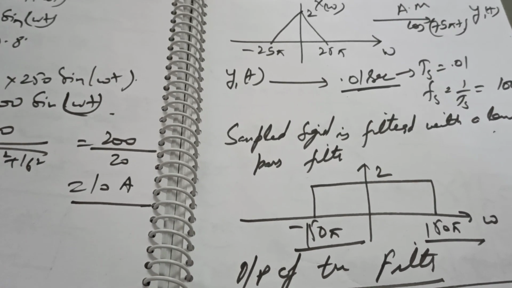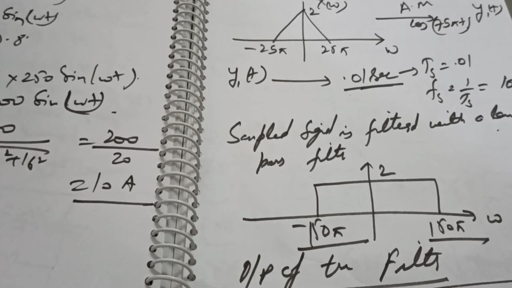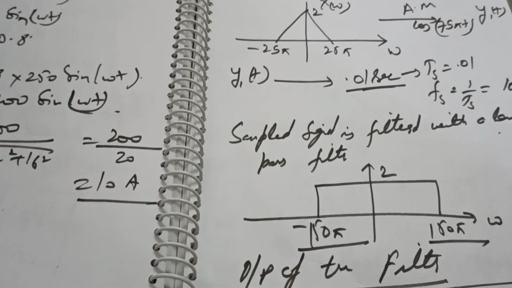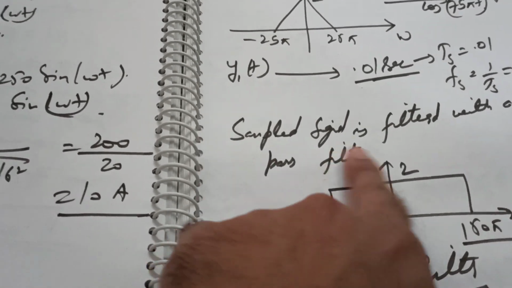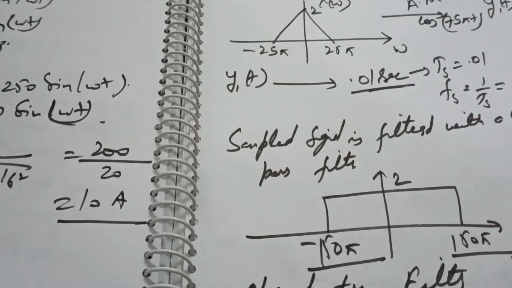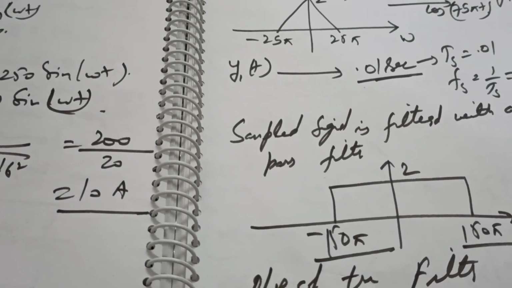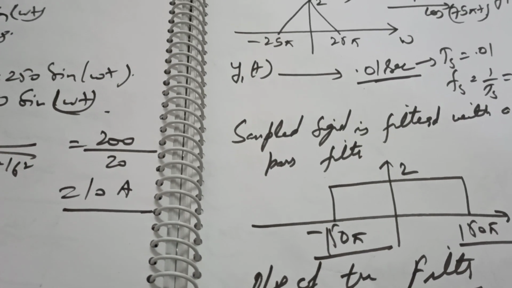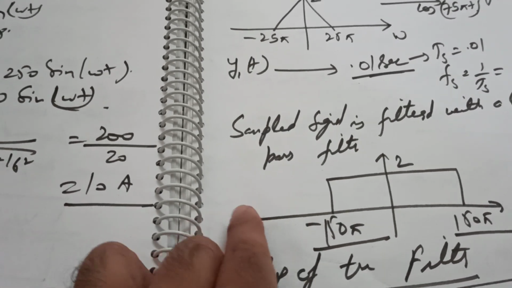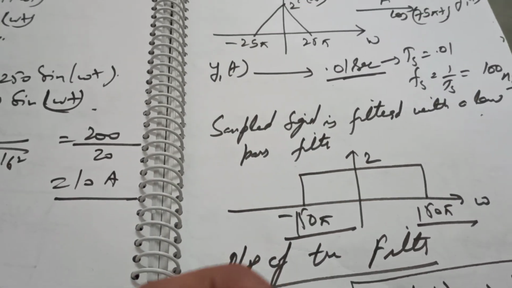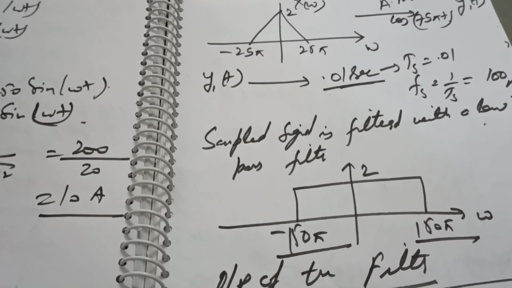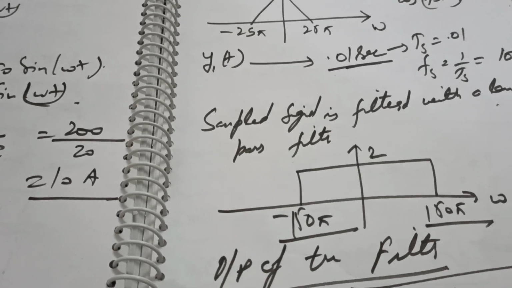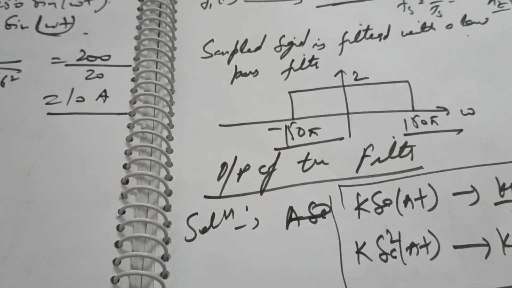After that y1t is obtained. Now y1t will be sampled with a sampling period of 0.01 seconds, and once this sampling is done, the sampled signal is filtered via this filter. So from the filter the output is obtained.